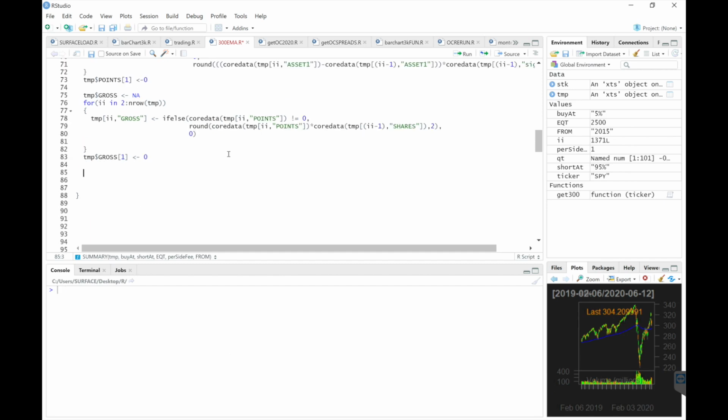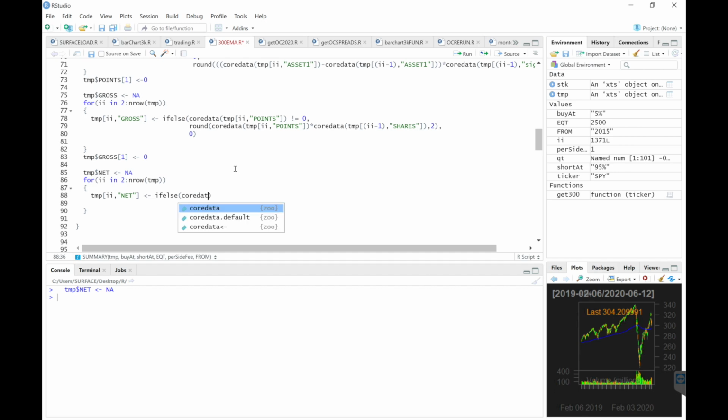Now we're going to calculate our net profit. Set that column equal to NA. Again, we're going to have to iterate to the number of rows in temp, iterator, net. We'll do if else.